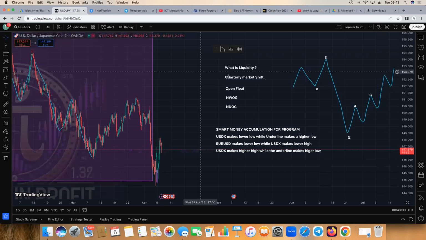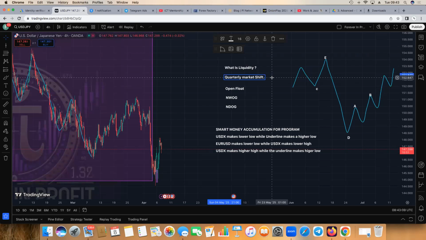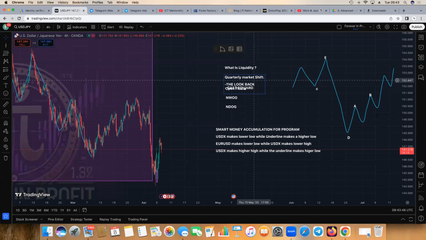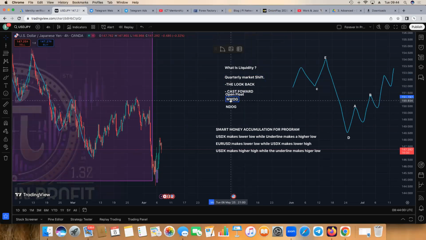So the two key points on the quarterly shift are the look back and the cast forward, which are the data being provided by the interbank price delivery algorithm.